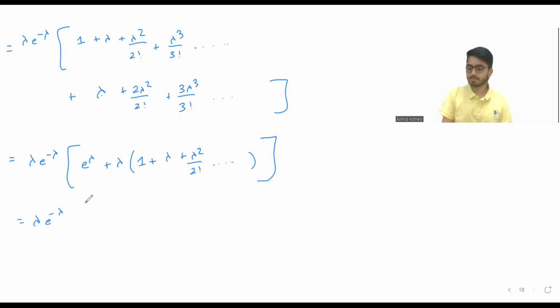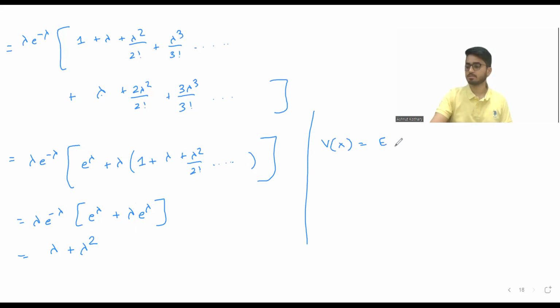Lambda e to the power minus lambda e to the power lambda plus lambda e to the power lambda, which will come out to be lambda plus lambda square. E to the power minus lambda will cancel out to give us 1. So this was expectation x square, therefore variance x is E of x square minus E of x whole square.